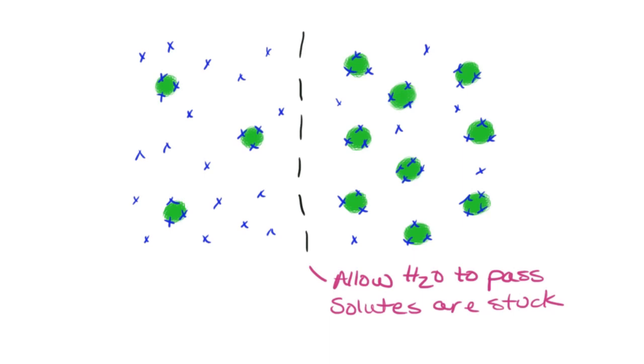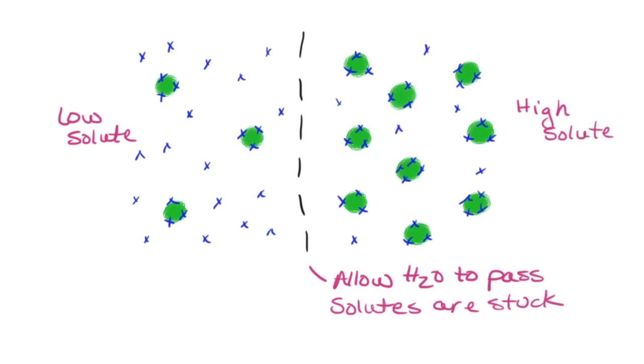Okay, but if we look at what happens when we have two different solute concentrations on the two sides, it is going to affect the water populations. Notice that on this first side over here, we have a relatively low solute concentration compared to what we have on the other side. On this side, we certainly have a higher solute concentration, so we can see more solute molecules over here.